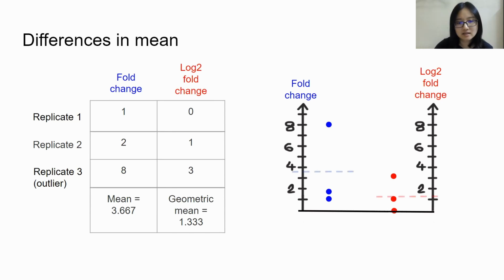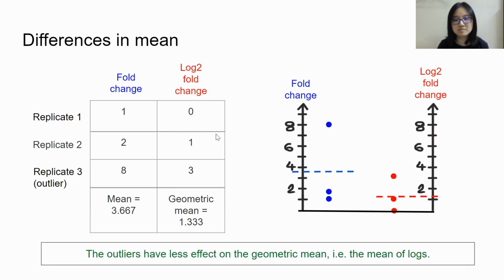We can see that the log2 fold change mean is closer to the mean of what we expected, which means the outlier has less effect on the geometric mean, and this is what we mean by the mean of logs.